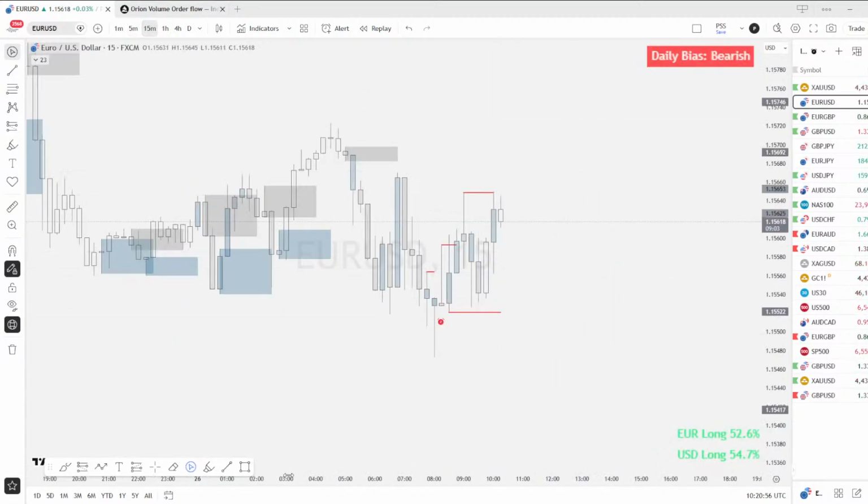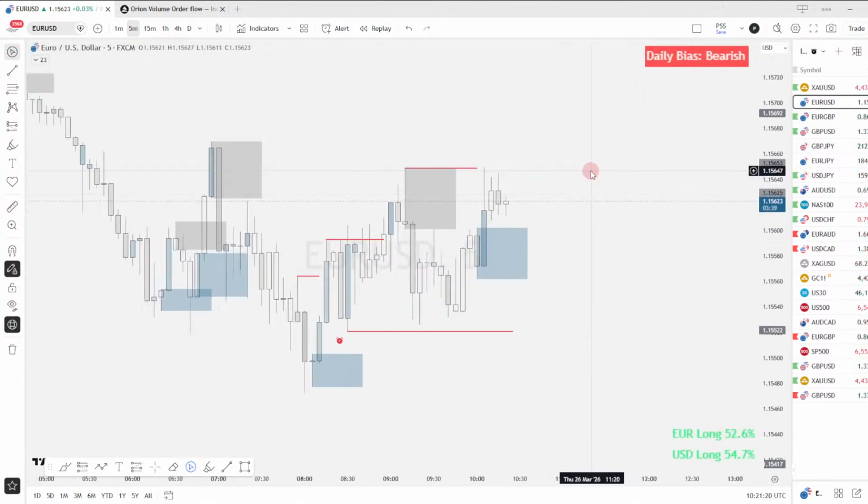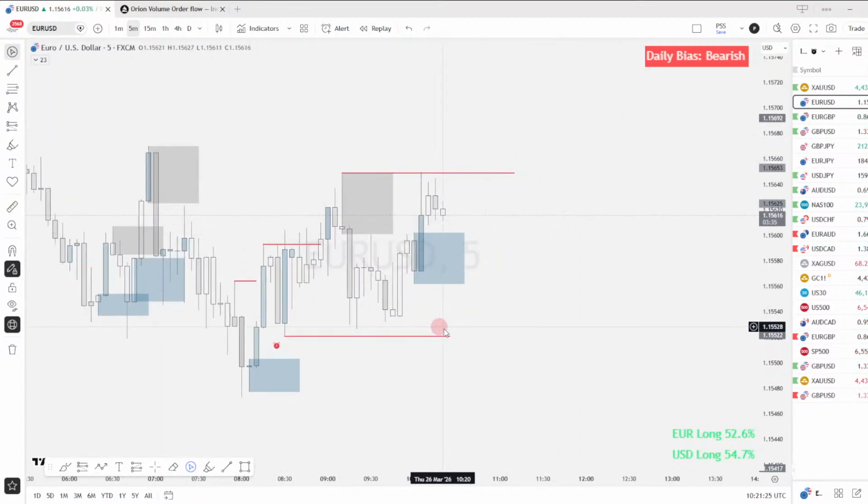As it stands, you can see that we are in a bearish 15 minute, in a bullish 5 minute, and we're waiting for price action to either close above this high or close below the low.